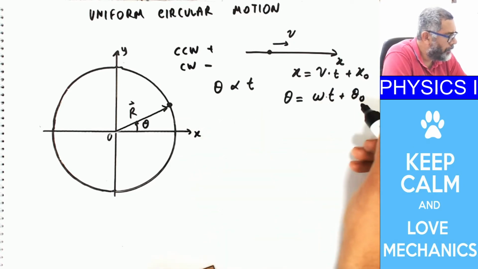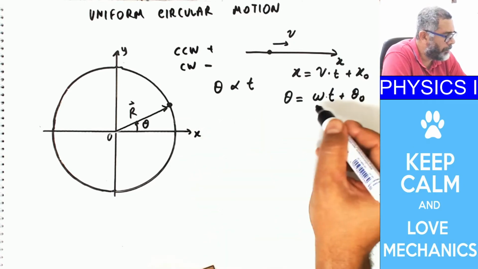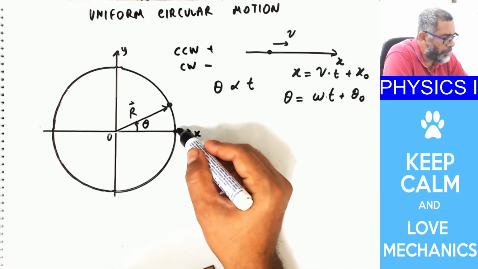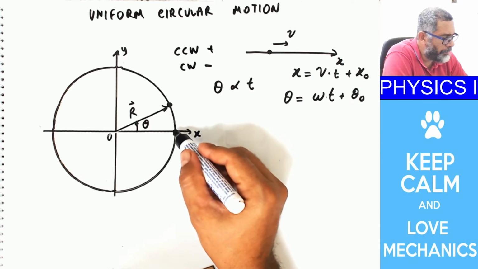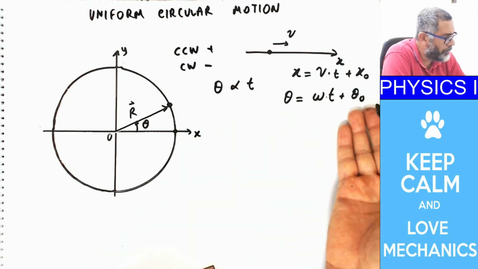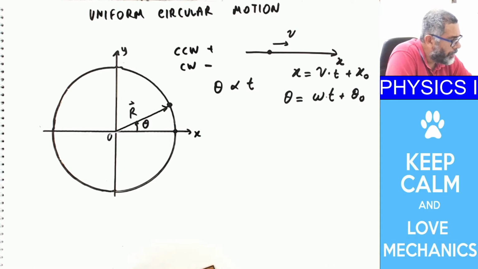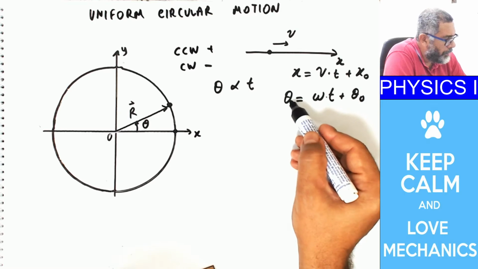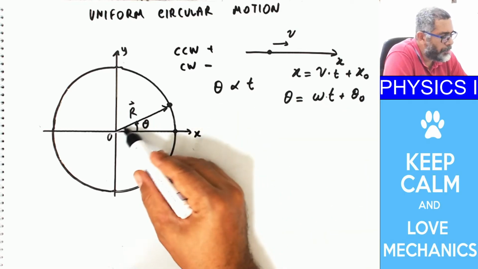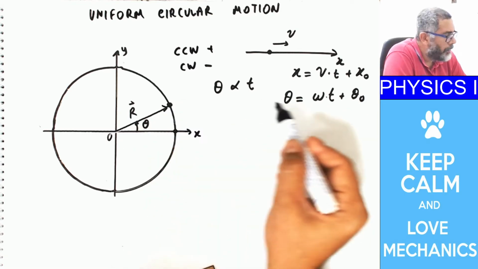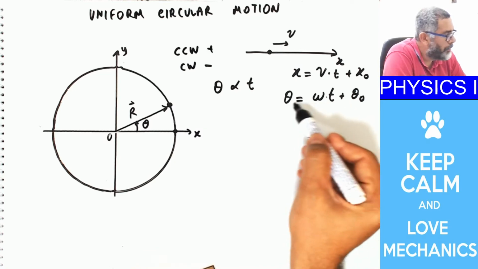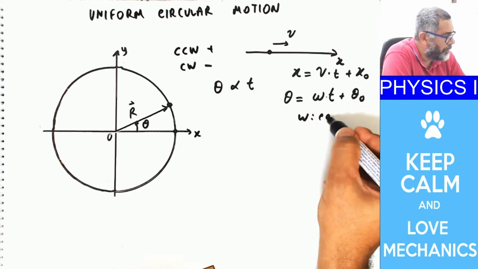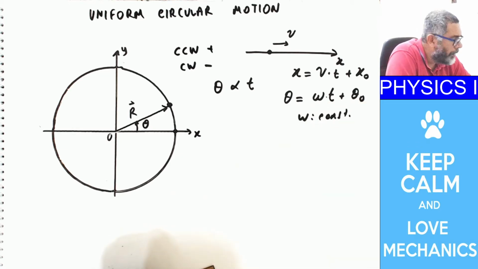We can take this theta 0 to be 0, in fact. If you start the motion of the object at time t equals 0 on the x-axis, naturally theta is going to be 0. So we figured out that the angle of the position vector of the object can be expressed as a function of time, like in this equation, with omega being a constant value.